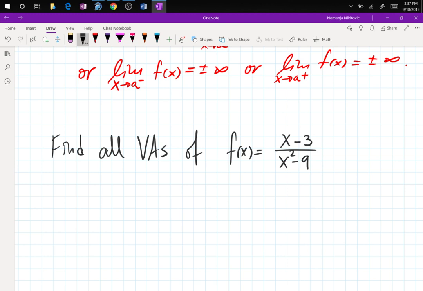So this would not be a fair question in a class where you learn that you should set the denominator equal to 0 to get your asymptotes, because it's set up to make a mistake, right? x squared minus 9 equal to 0. What is that going to give us?